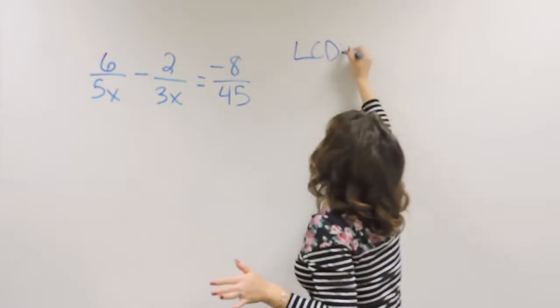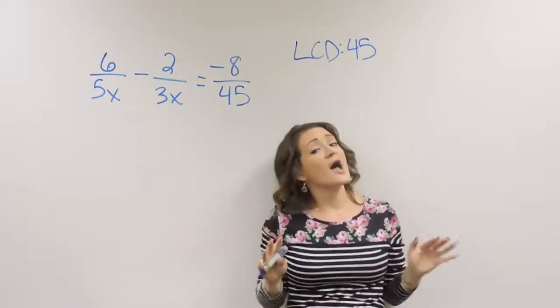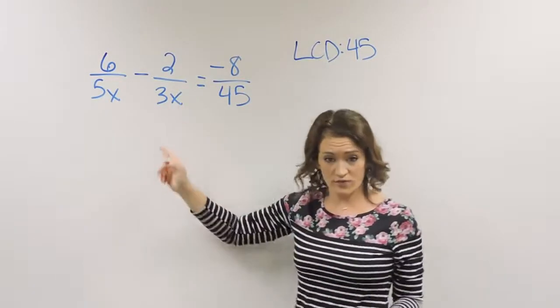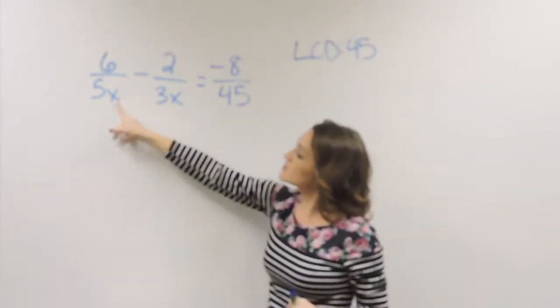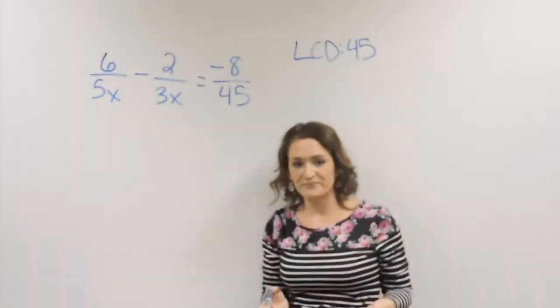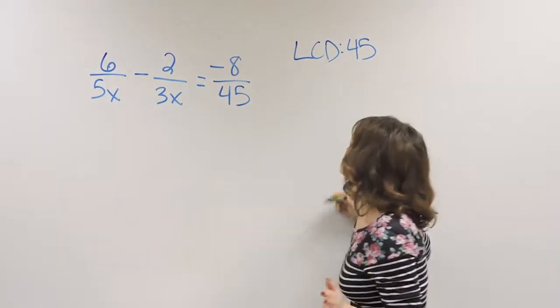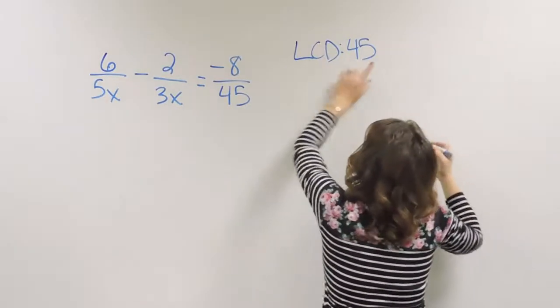All right, so if I'm finding a common denominator, so far I have a 45. But it's not just a 45, because we also have these x's over here. When it comes to variable terms, those definitely need to be included in your common denominator.